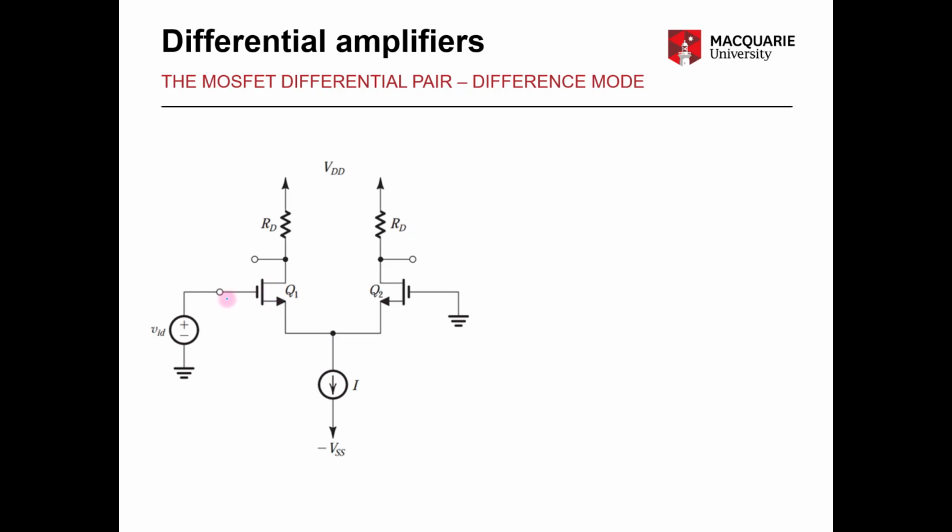This will limit our range in input differential voltage. So here we will start by looking at the maximum VID. This is the case when ID1 is equal to I and ID2 is equal to 0.